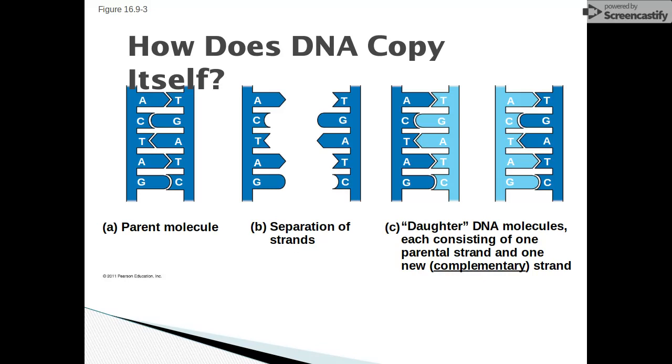And so as we do this, we create 2 new strands that are identical to the original strand of DNA. And so we call this semi-conservative replication because half of that original parent is conserved in each of our new strands.